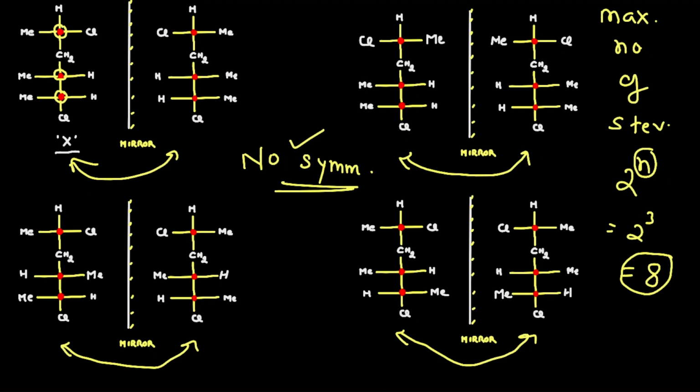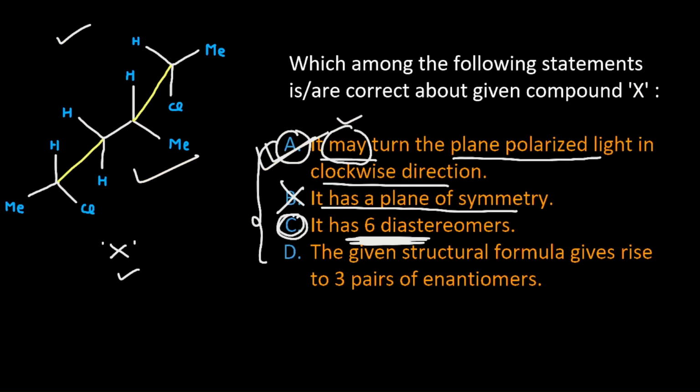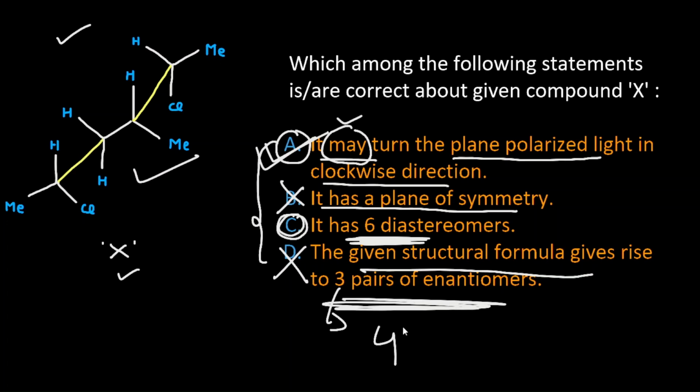So if I take this as my argument, then the last option, which says the given structural formula gives rise to 3 pairs of enantiomers, is wrong, because it gives rise to 4 pairs of enantiomers. Now again option C is open for us.